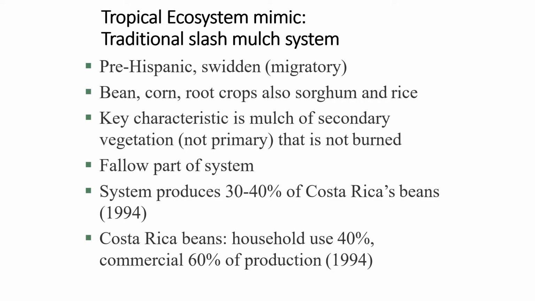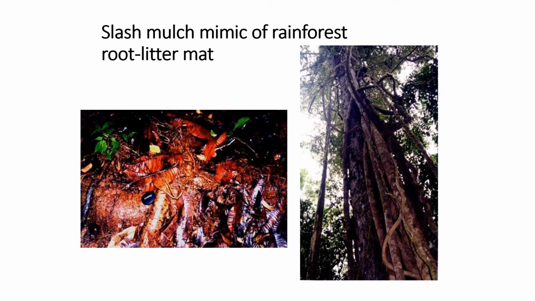So, fallow is part of the system. This system produces 30 to 40% of Costa Rica's beans, especially in 1994. And Costa Rica's beans household use is 40%, commercial use is 60% of production in 1994.